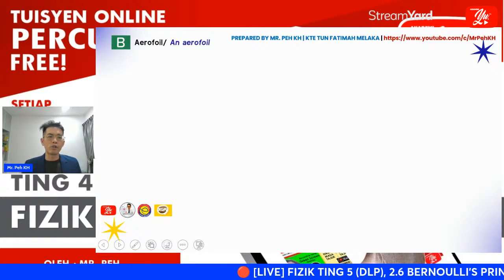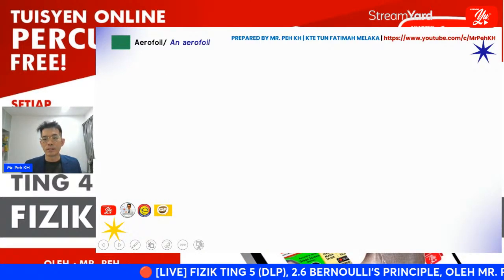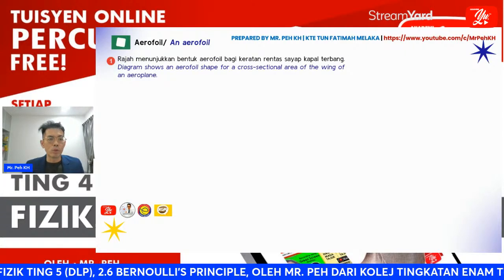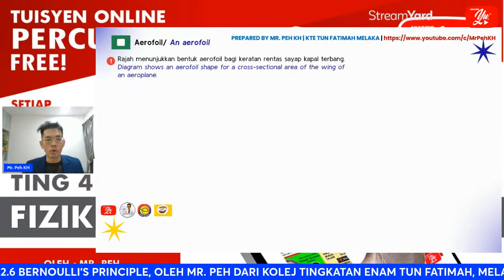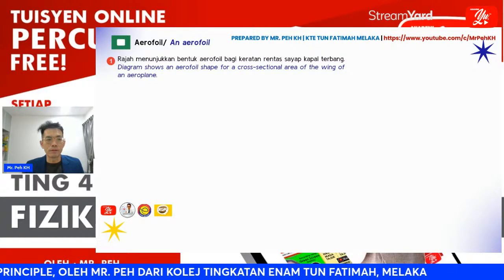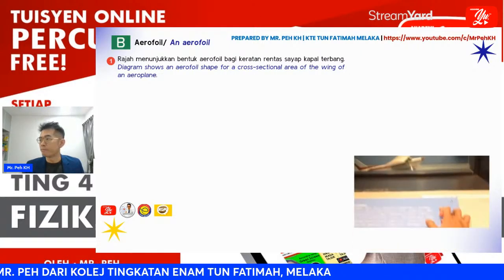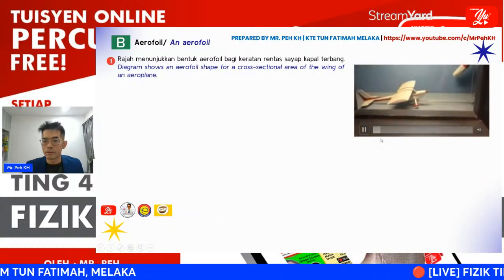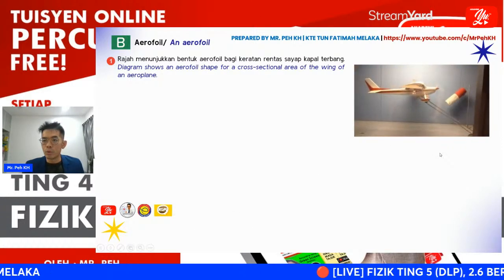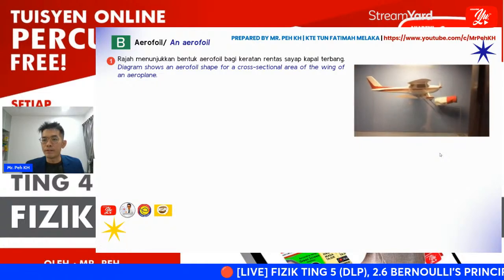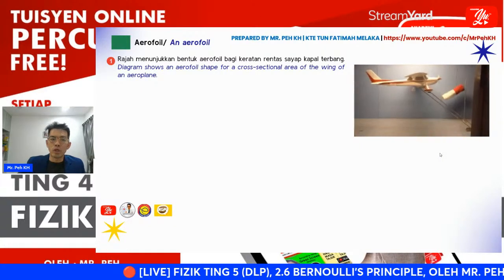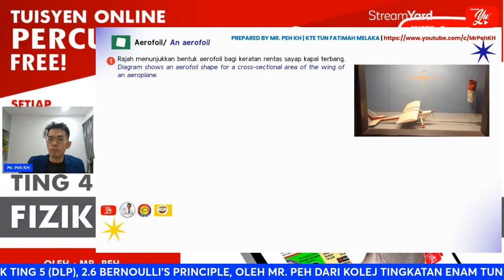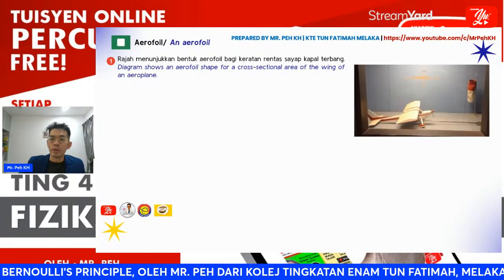Okay, then second, there will be an aerofoil kit in your textbook. Okay, so the diagram shows an aeroplane shape for the cross-sectional area of the wing of an aeroplane. Okay, so you can see here again, one GIF. Okay, so you can see the aeroplane with the aerofoil shape of the wing is moving up when there is wind blowing in front.